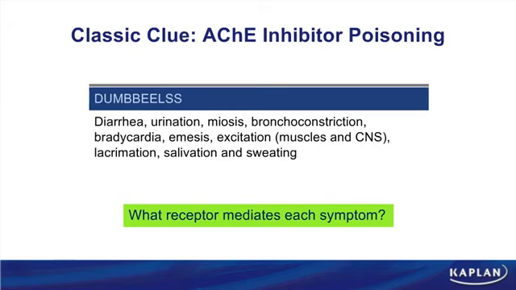Salivation, that's overstimulation of M3 receptors. And sweating. Sweating is also caused by muscarinic receptors, and those receptors are M3s. Isn't it true that most of DUMBBELSS is M3 mediated? Exceptions up to this point have been bradycardia, that's M2, and emesis, M1.